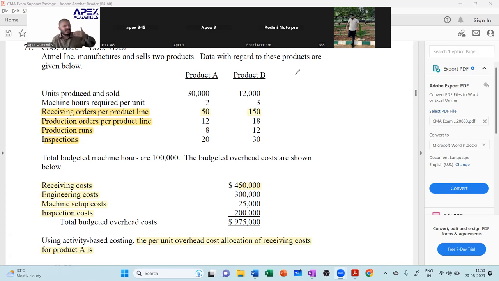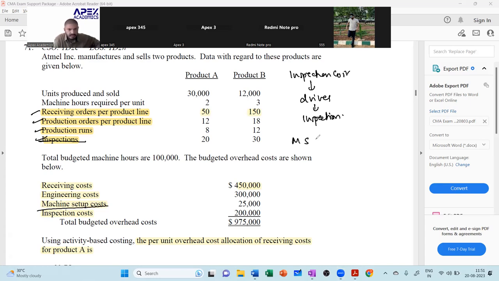But you have to have a little presence of mind: inspection cost is a cost, and it needs a driver. Out of these items, which one can drive inspection cost? It can be driven by inspection. Now machine setup cost also needs a driver. What is the driver of machine setup cost? Number of production runs. Why? The higher the number of production runs, the more the setup cost.